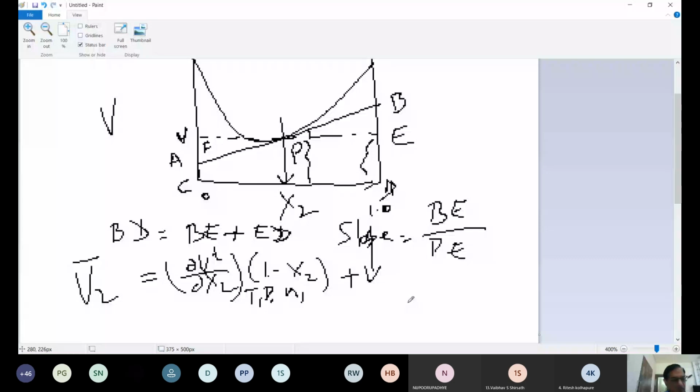कोई डाउट है अभी किसी को इसमें? So BE is equal to V2 bar, right? In the original diagram, it was BD is equal to V2 bar. In this diagram, according to the calculation we've done, slope is equal to B upon D, so B is equal to slope into P. So BE will be equal to V2 bar.